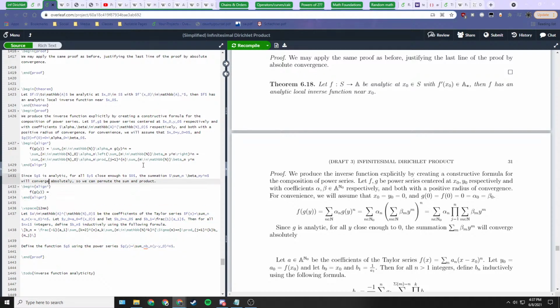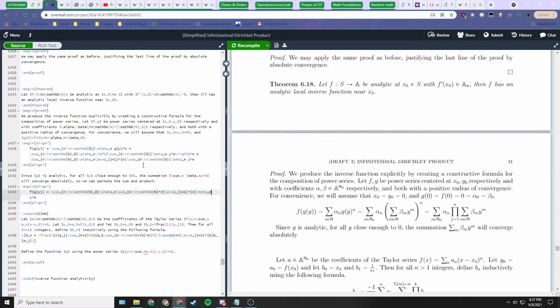So we still have this f of g of y. We're going to permute this very last summation with the product. So we just swap the product around, and instead of summing m over naturals, this will be summed over naturals power n, and instead of just m, we have m sub j.